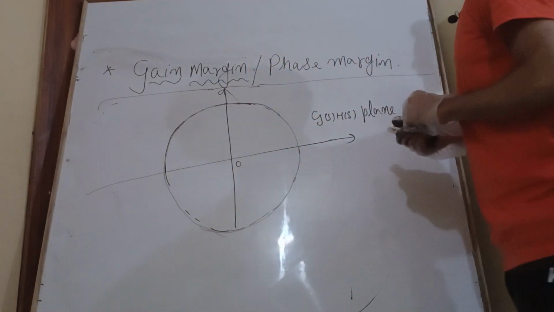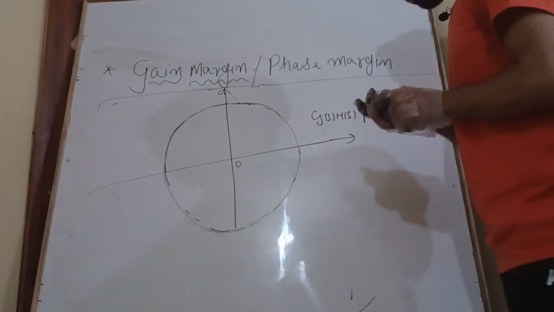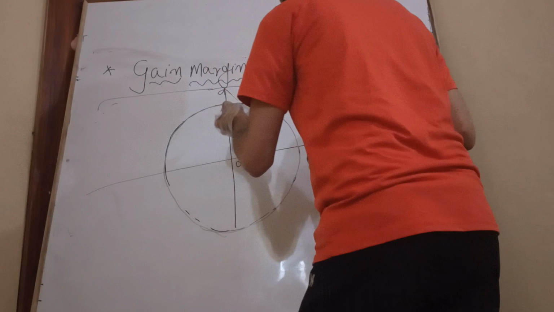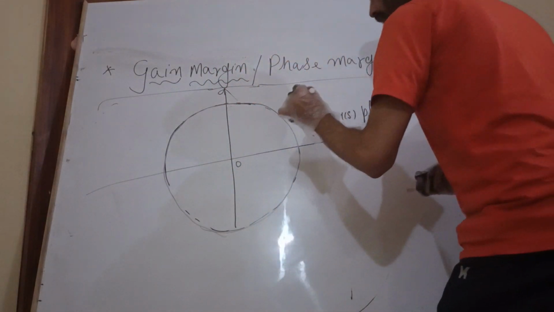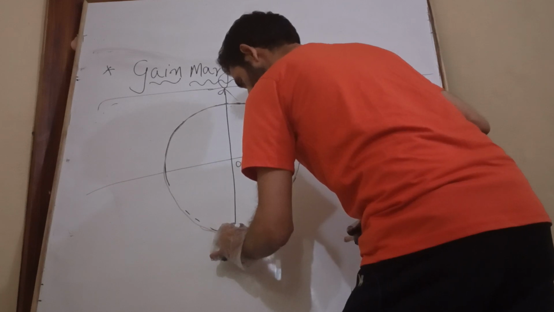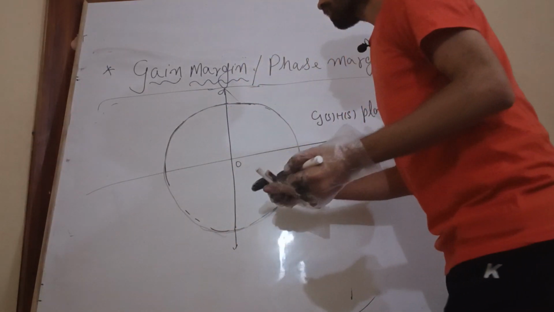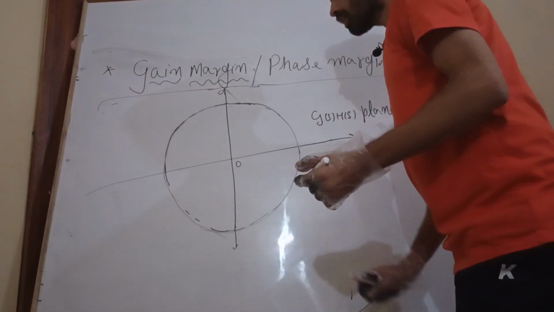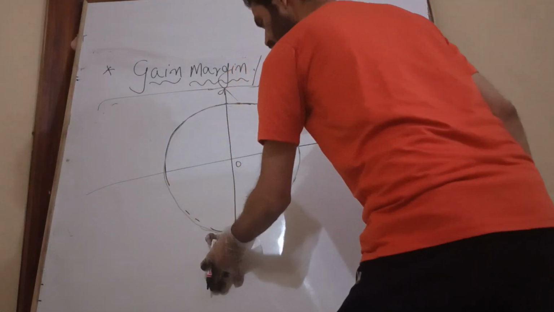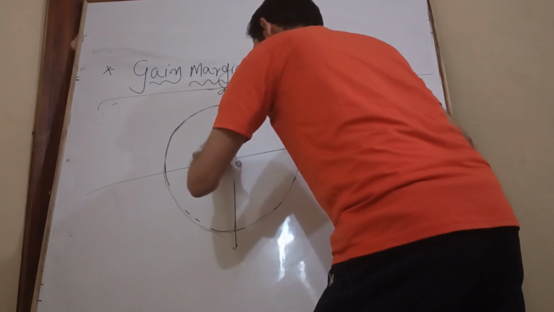Now, as we have seen for the first system, for M1, at omega equal to 0 the magnitude is infinity, and at omega equal to infinity the magnitude is 0.